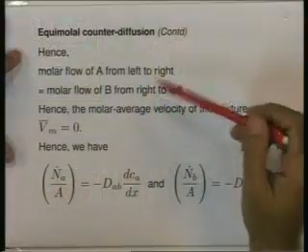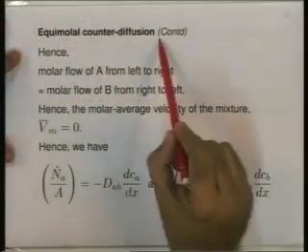That means if 1 mole of A diffuses, say in 10 minutes, from reservoir A to reservoir B, in the same 10 minutes 1 mole of B will have diffused from reservoir B to reservoir A. This characteristic gives this process the name equimolar counter diffusion.